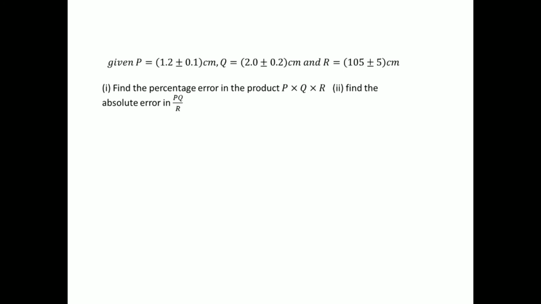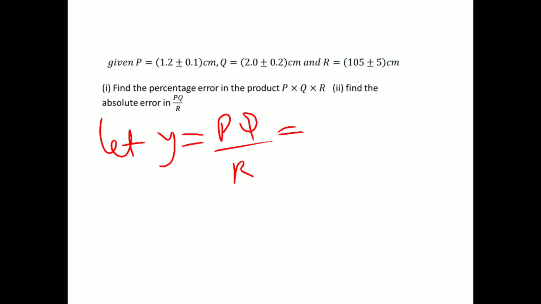Okay, so in PQ over R, we can start by saying let y be PQ over R. Your P is 1.2, your Q is 2.0, then divided by R, your R is 105.